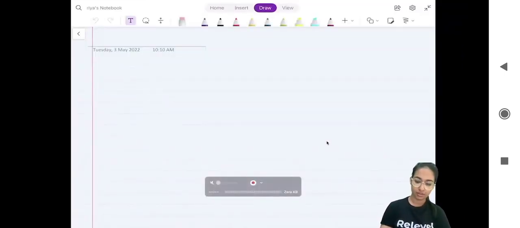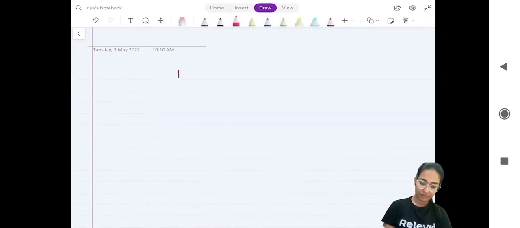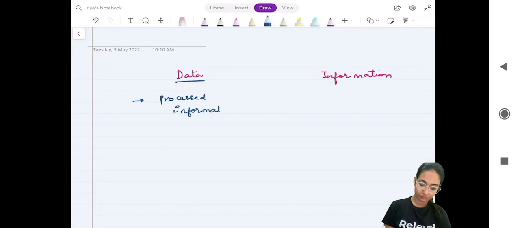Let's come over here. When we talk about data and when we talk about information, both of them are not the same. Data is unprocessed information, and information is processed facts and statistics, or rather let's define it in a better way.